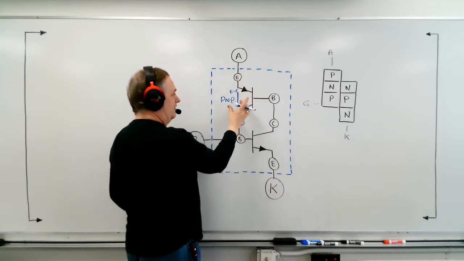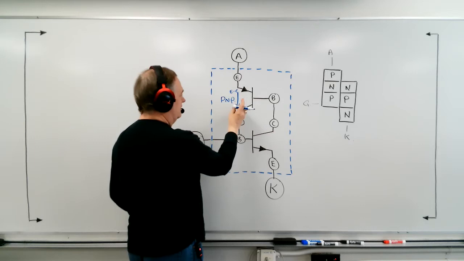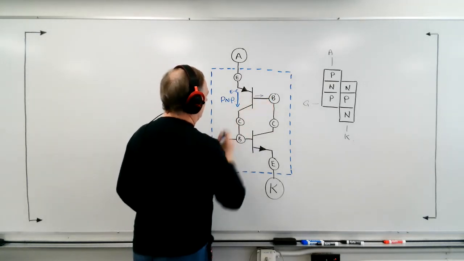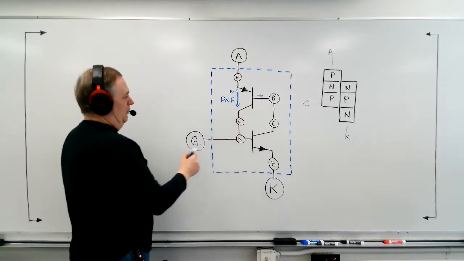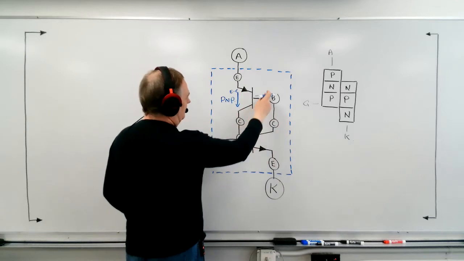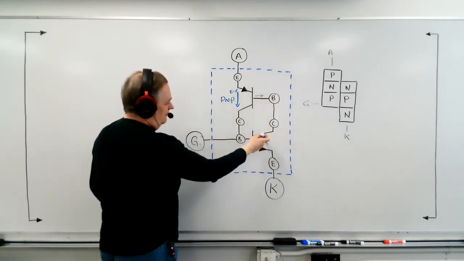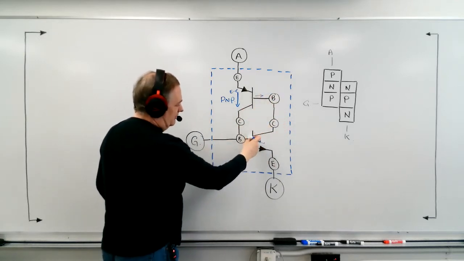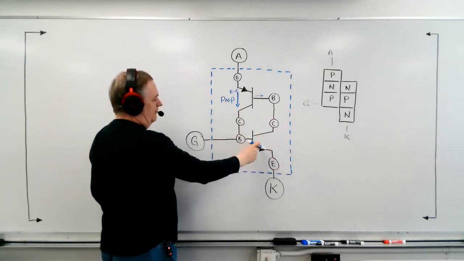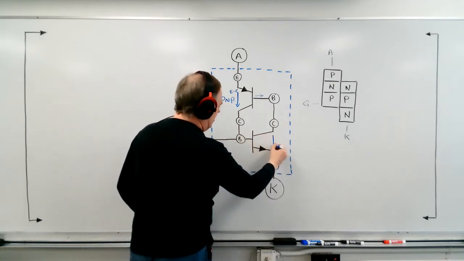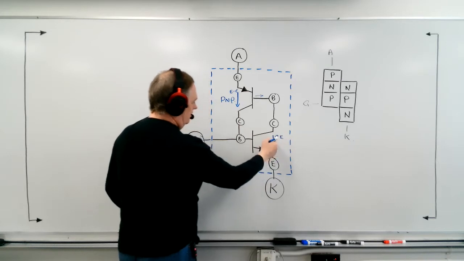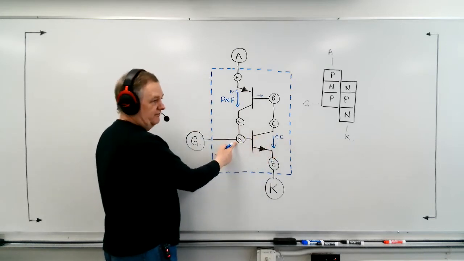And that path will only conduct if we have base current flowing right there. Now, if you look at it, this base current has to go through this circuit right here, and this circuit from C to E cannot conduct unless there's base current here.